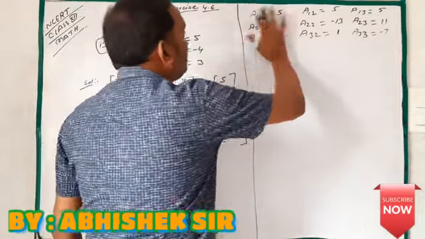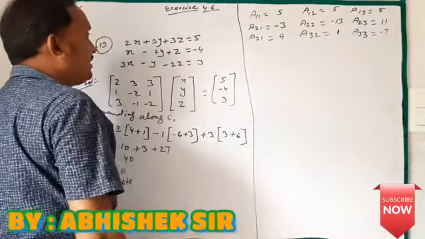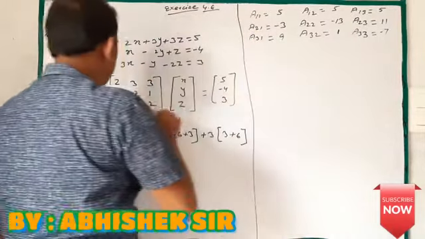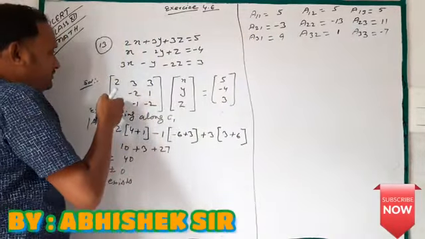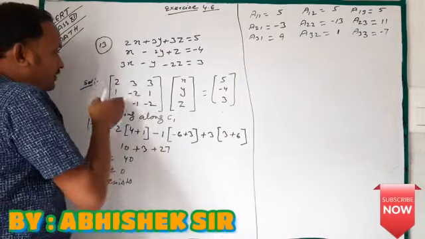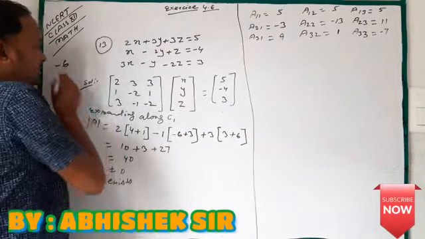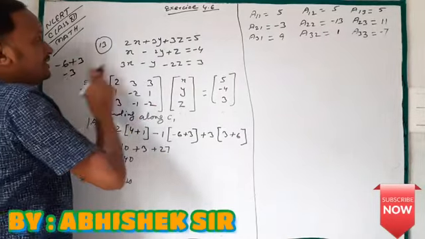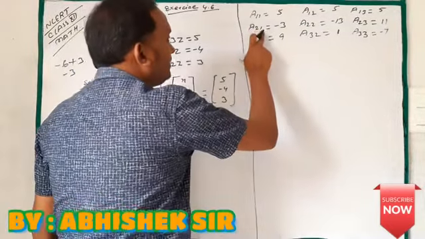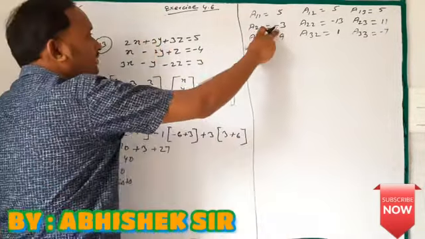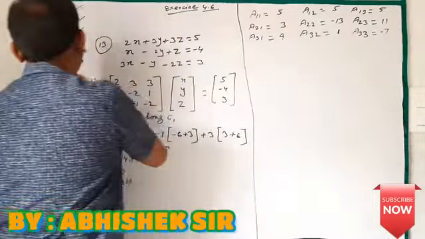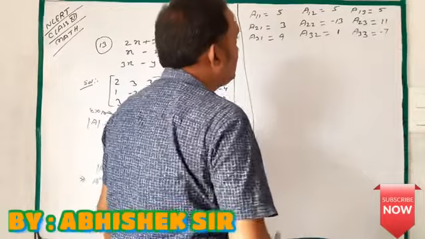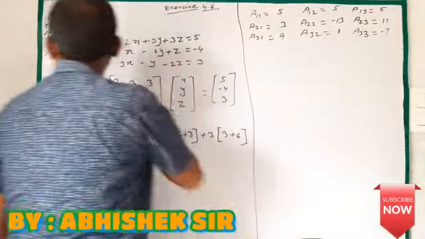Then these are our cofactors, students. Second row first column, 3 times 2 is 6, minus 6 plus 3, minus 3, 2 plus 1 is 3, this is the place of negative, so positive.